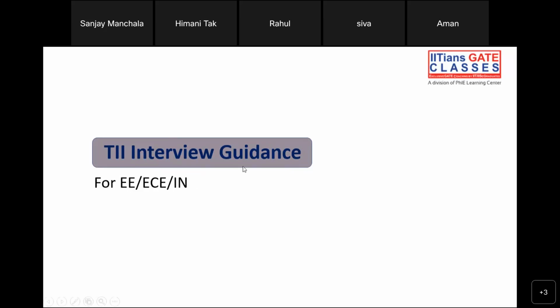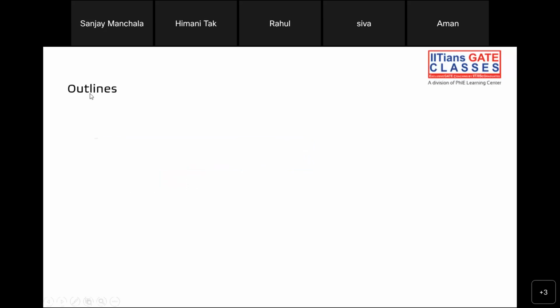The outline of the session starts with the online test. The very first step, when Texas Instruments India visits your college, whether you are in BTech or MTech, is the online test. They will be conducting an online test.